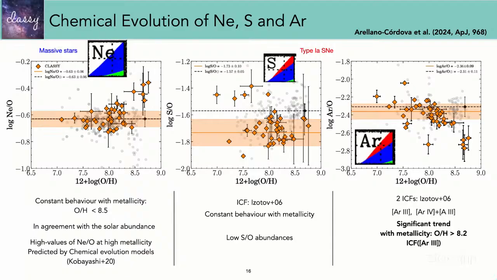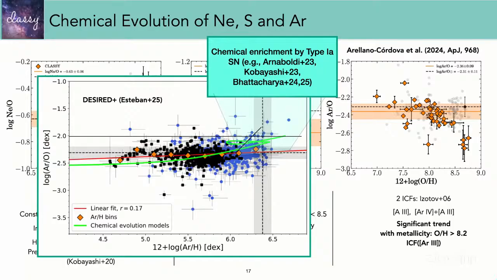But there are other studies with a larger sample of galaxies. This is from Esteban, from the Canary Islands group, the Instituto de Astrofísica de Canarias. And you see here, now instead of metallicity, we have the argon abundance, basically the total argon abundance.